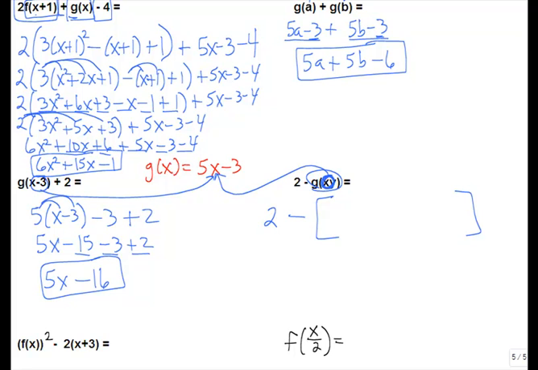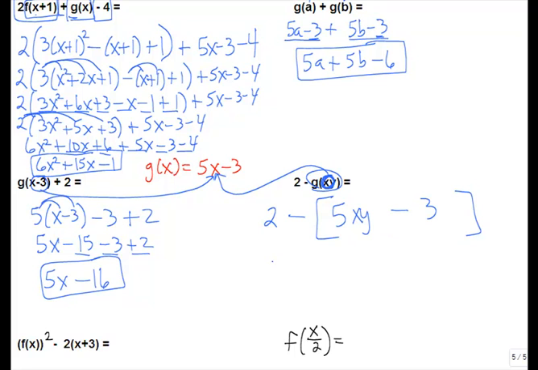So the rule for g is 5 times whatever the input is, and this time our input is xy, minus 3. So it's 5 times the input minus 3. Now notice, and this is really important on this problem, you need to have that whole expression, 5xy minus 3, wrapped in parentheses, because we want to subtract all of that away from the 2.